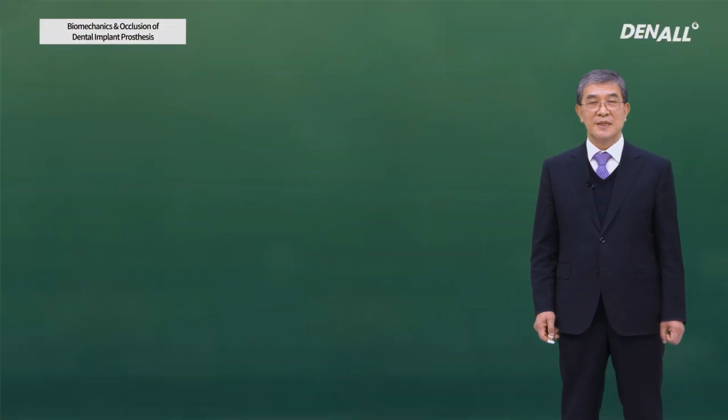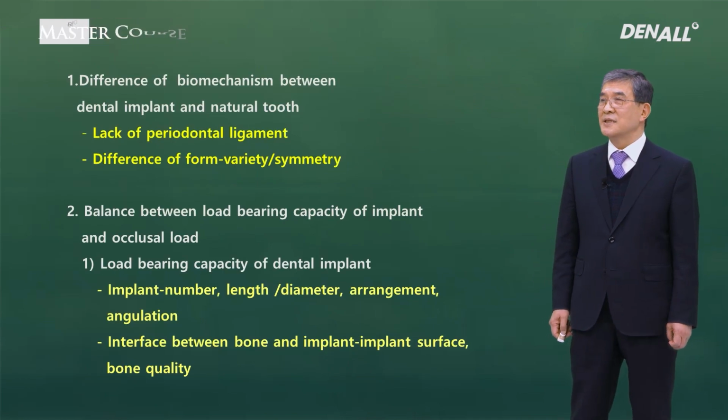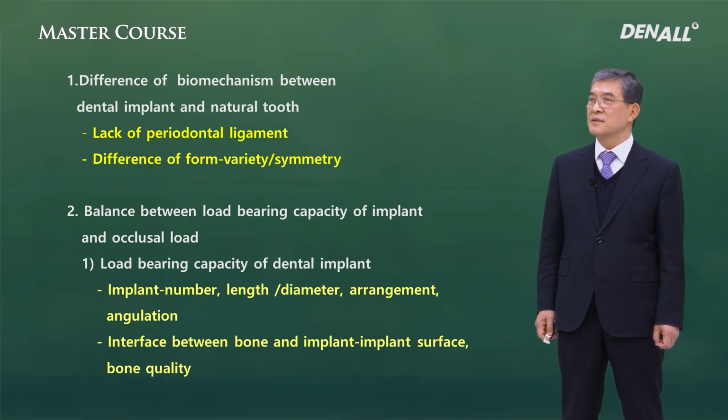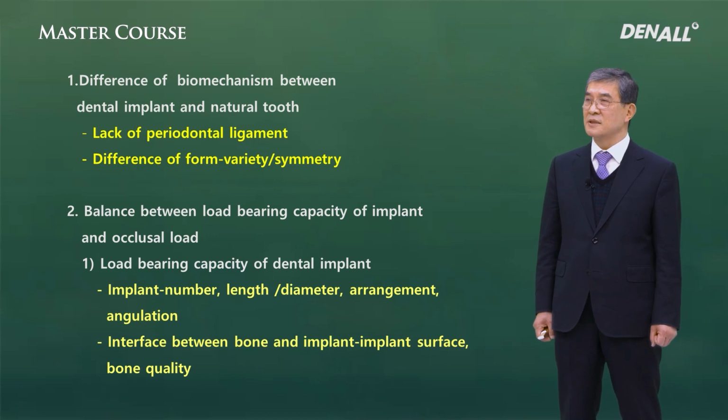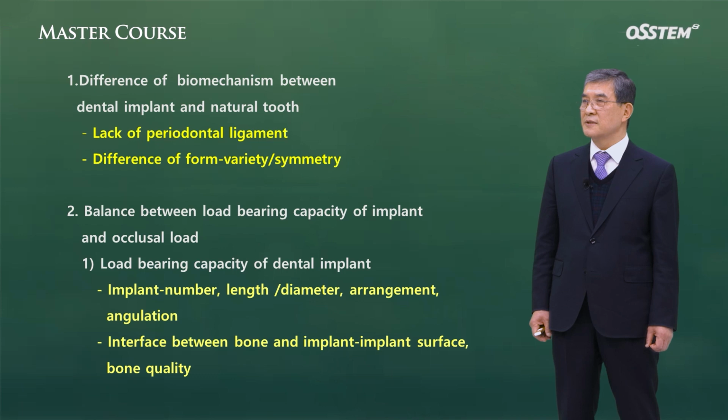Let me summarize my lecture. First, I've talked about the difference of biomechanism between dental implant and natural tooth. The biggest one is lack of periodontal ligament. So there is no shock absorbing mechanism.